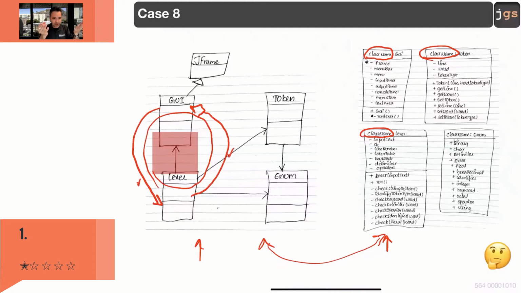Those are connections that you know, because in the source code the graphical user interface is going to call the lecture. Therefore, it's going to have a lecture object. Probably lecture is going to return something, but that return is not something that you represent with a line. And that line there does not look good.